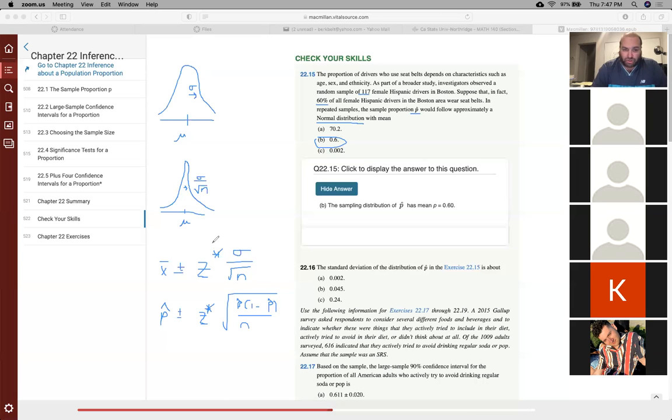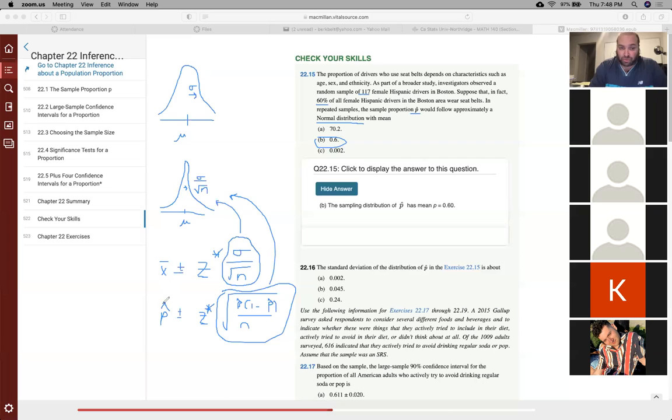So just like this guy here is the standard deviation for the sample distribution, this guy here is also the standard deviation for the sample distribution when we want a proportion.